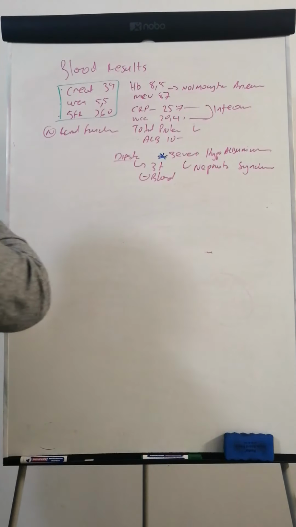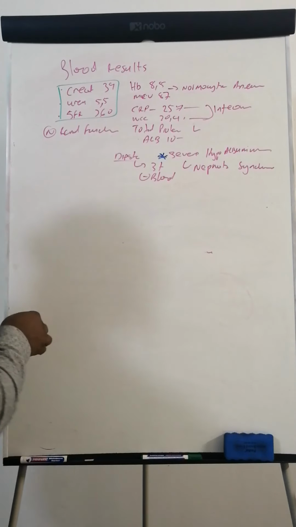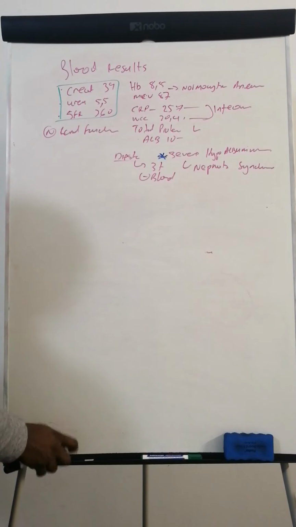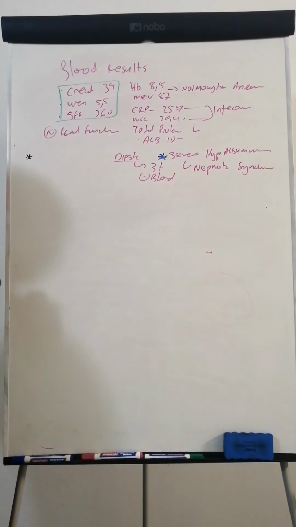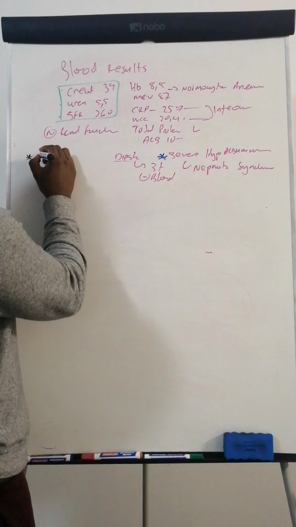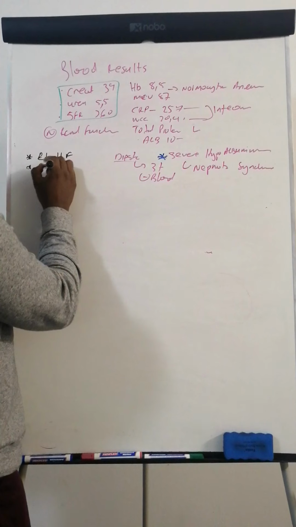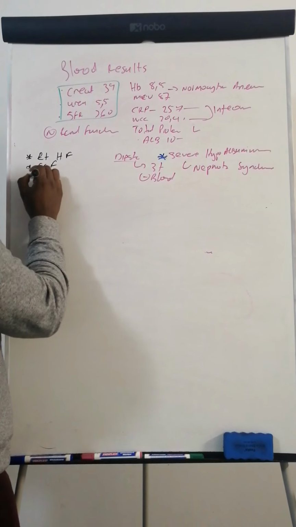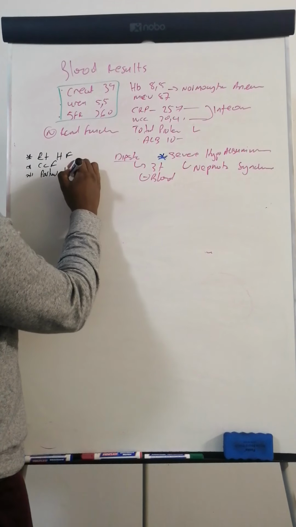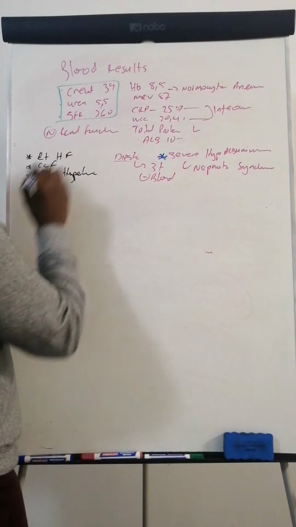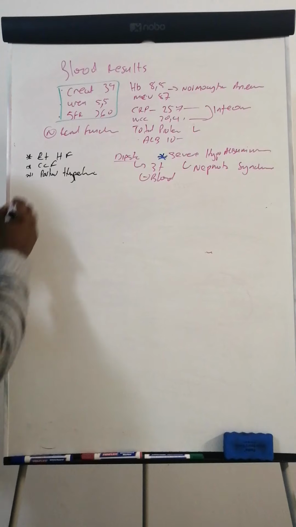So guys, when you have a patient that has got anasaka or has got swelling, differentials for a patient who has swelling should be, think about right heart failure, think about congestive heart failure, CCF, think about portal hypertension. I'm talking about now swelling of the legs, like both legs, right? Think about those things.